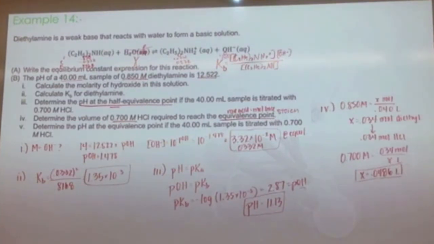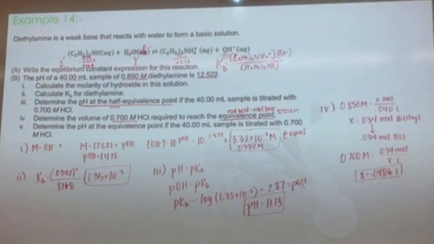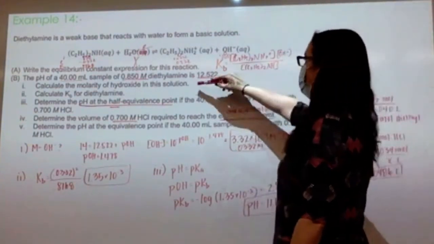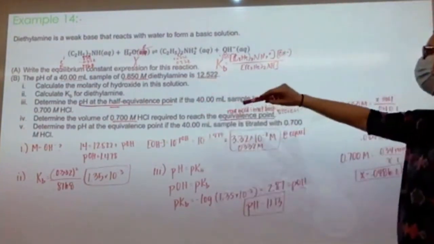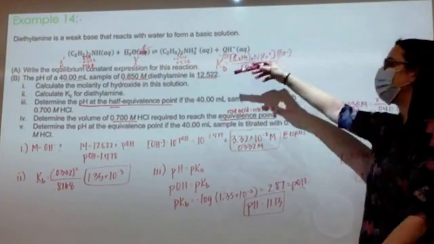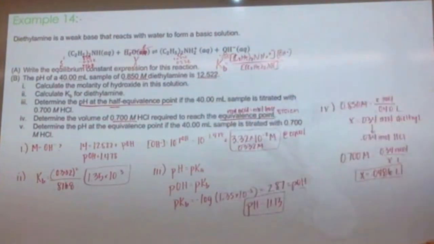That gives 0.0486 liters, which is 48.6 milliliters. So parts 1 and 2, part A and then B1 and 2, we looked at in chapter 16. Parts 3 and 4 we were looking at titrations.